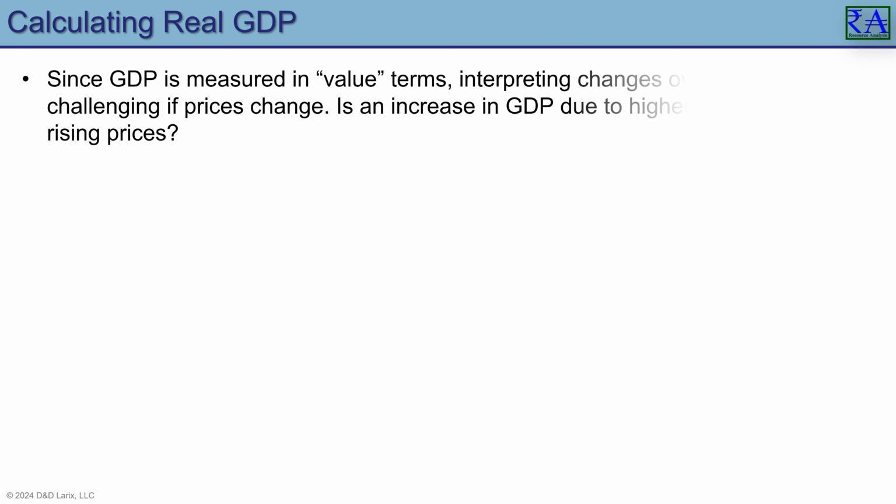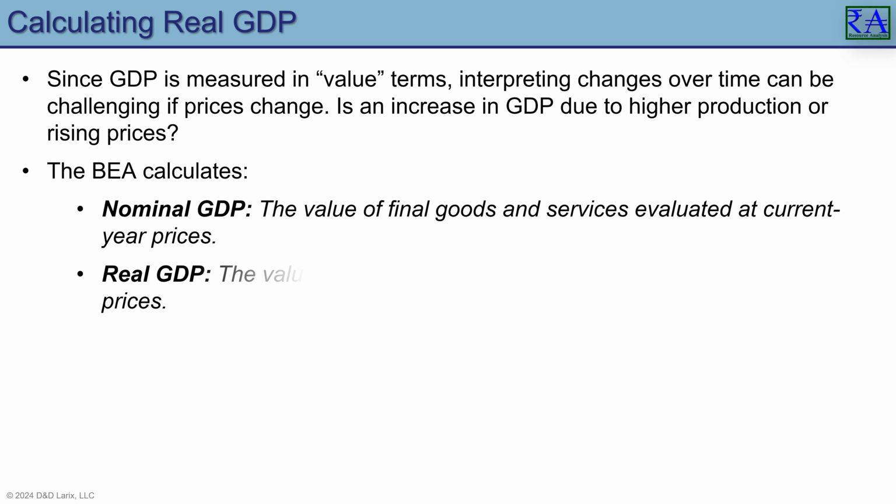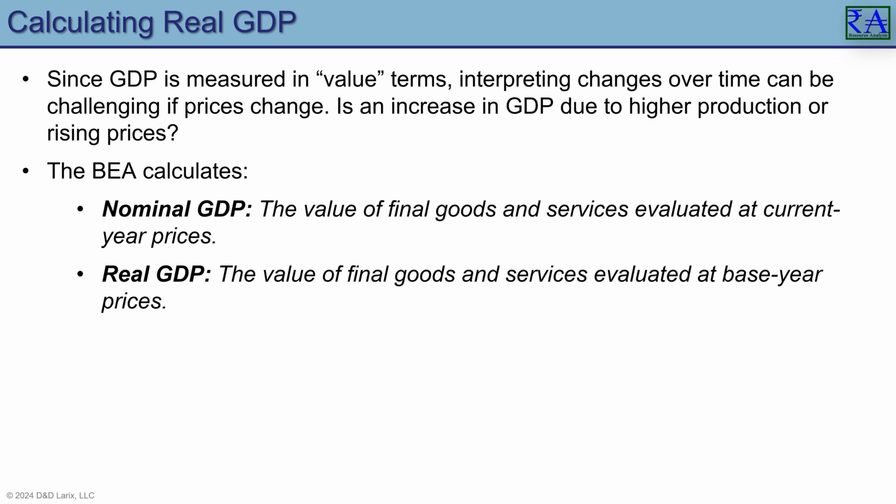The BEA helps us understand economic growth by distinguishing between price changes and production changes. Nominal GDP measures the value of goods and services at current year prices. In contrast, real GDP measures them using base year prices, allowing us to see the true growth by removing inflation's impact.